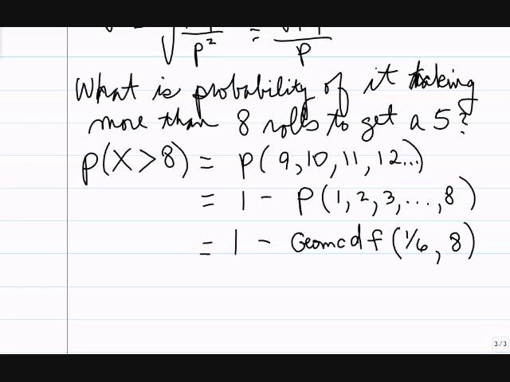If I want to think about getting my first roll of a 1 in either the first time I roll the dice, or the second time, or the third time, or the fourth time, or the fifth time, I'm accumulating, that's when I use the CDF. All I'm going to be doing is adding up the probability that it happens on the first roll, or exactly on the second roll, or exactly on the third roll, and that little function adds all those up for me.